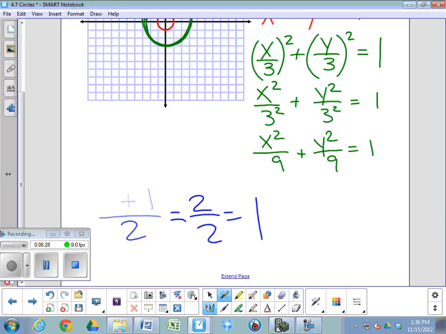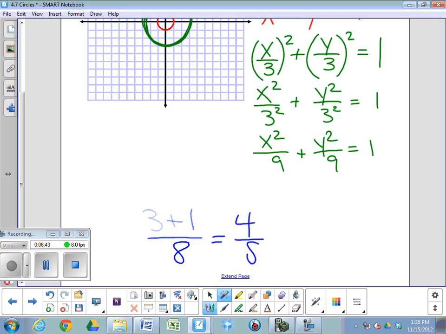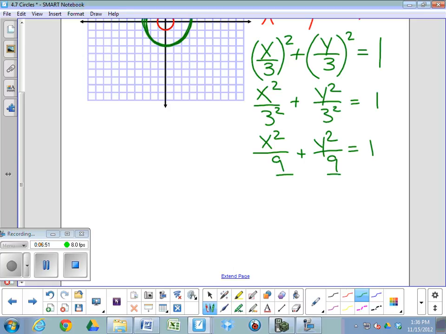Right? Did you know that you can do 3/8 plus 1/8 like this? What do you get? 4/8. It works, okay?